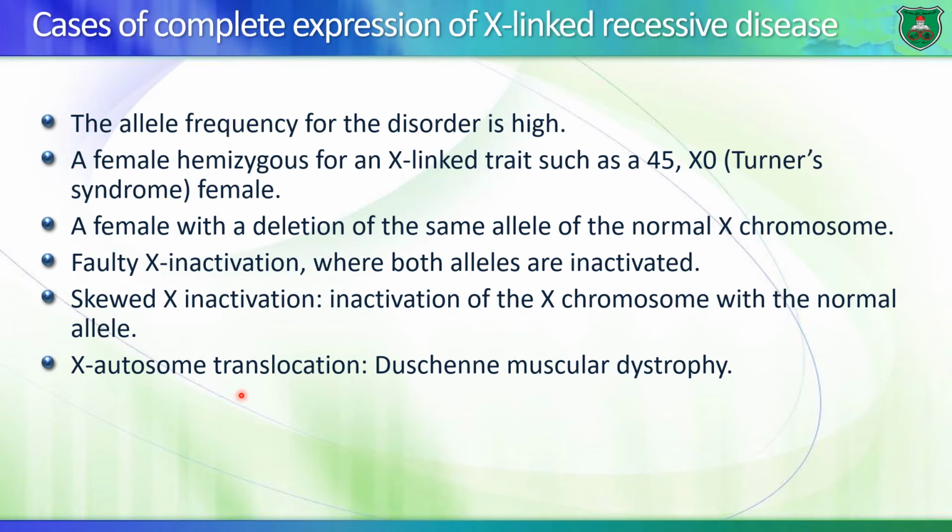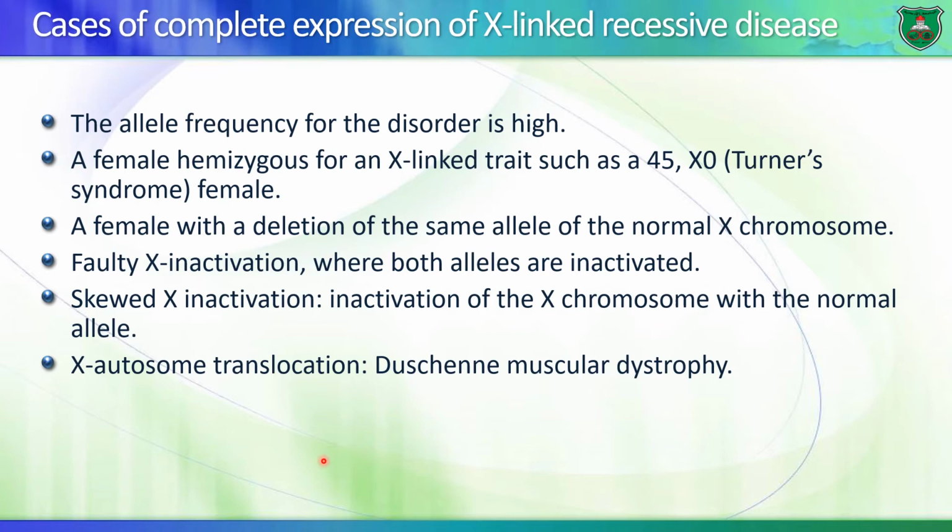Now, X-linked recessive disease can appear in females with deletion of the same allele of the normal X chromosome, that is the active X chromosome. Now, you can have faulty X inactivation, where both alleles are inactivated. Okay, this is a rare phenomenon.